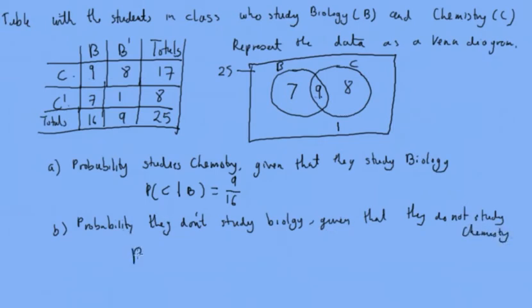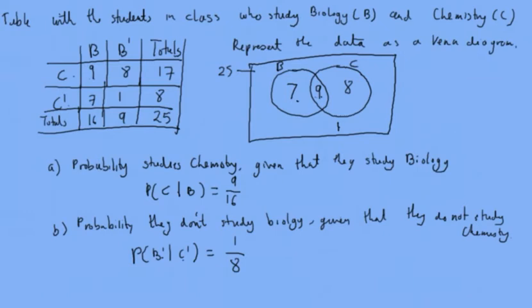So the probability they don't study biology and don't study chemistry. So how many do not study chemistry? So you've got the 1 person out here and the 7 here that are just biologists. So that's in total 8. The number that don't study either is 1.